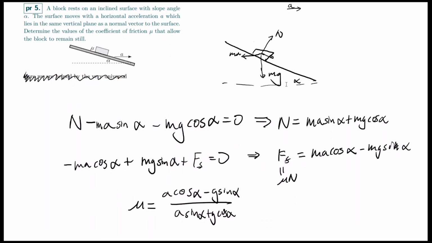So this is the minimum value of mu, so mu has to be greater than or equal to this value here, so we can replace that with a greater than or equal to sign.